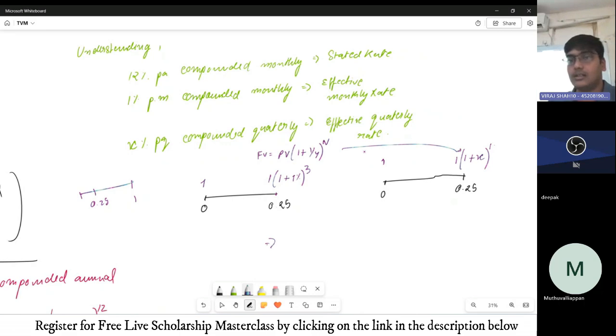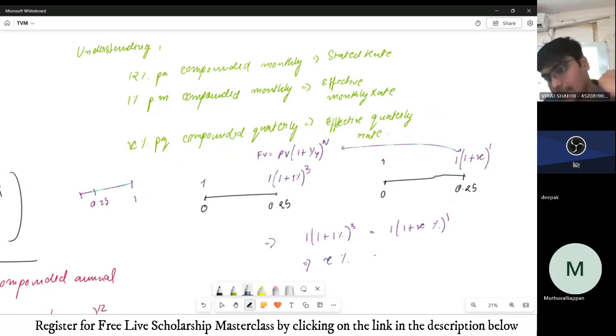Now these two should be equal. These two should be equal. So can I write 1 into (1 plus 1%) to the power 3 is equal to 1 into (1 plus X%) to the power 1? Or X% is equal to (1 plus 1%) to the power 3, minus 1.